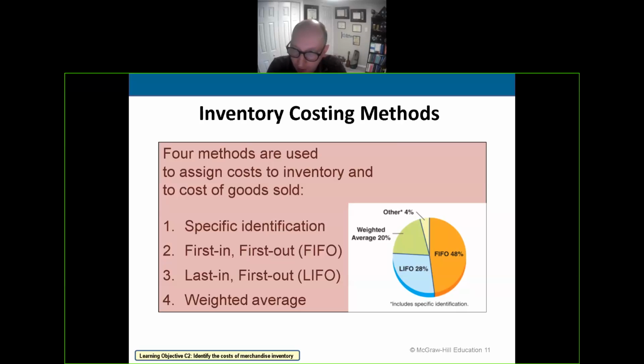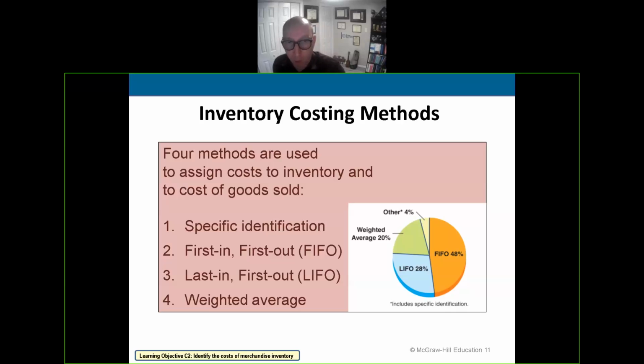It has to be one method, and you have to stick with that method for your own company. Okay? So for those of you who own your own business, you have to select one of these 4 if you're selling inventory. Okay? This helps you to assign the cost to your inventory.